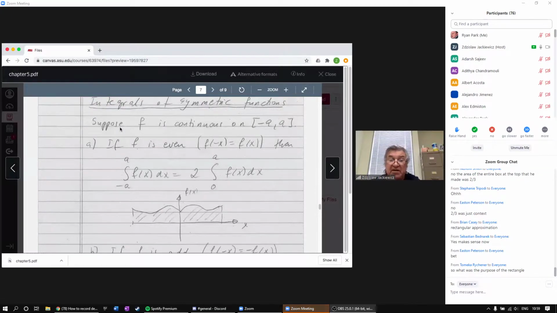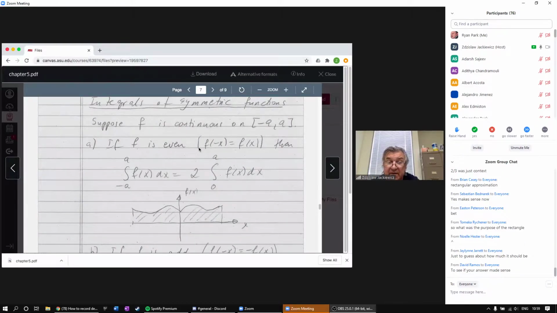In situations like this, we have that f is continuous on the symmetric interval from minus a to a, and we have two cases. If f is even, well, you should know what an even function is. Here's the definition: even function means that f of minus x is f of x.